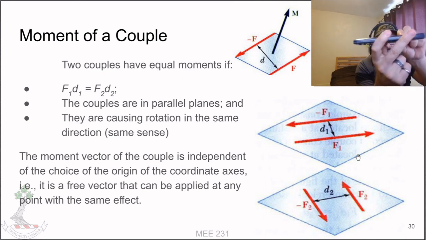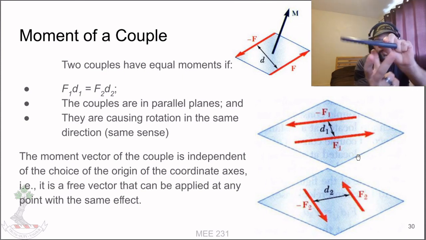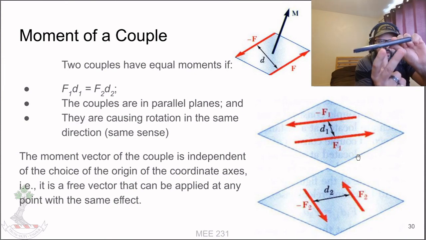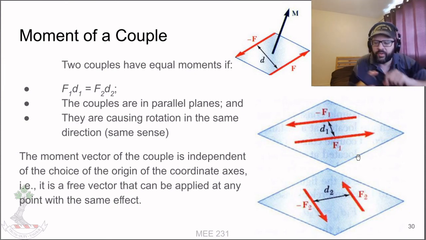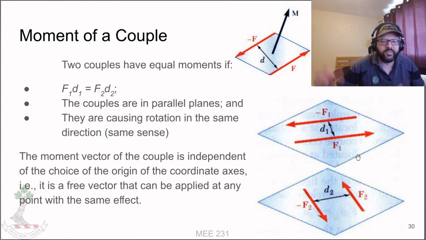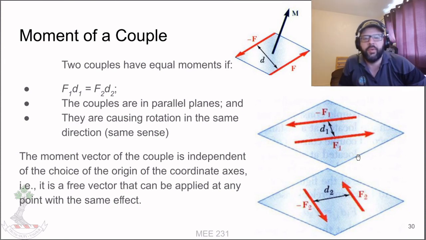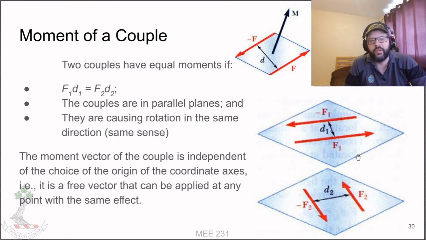Obviously, once you actually start twisting, it changes where you're twisting about, depending on where you apply the moment. But this is a statics course. We're not worried about what happens when it really starts twisting. What we're worried about is what happens when things aren't twisting.